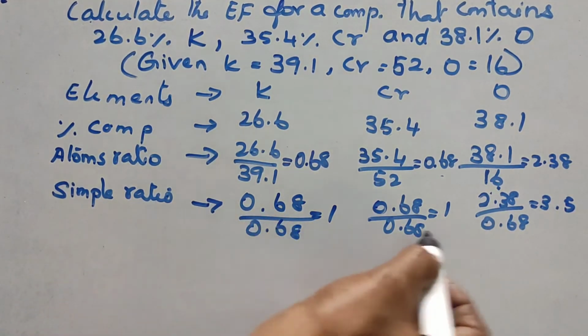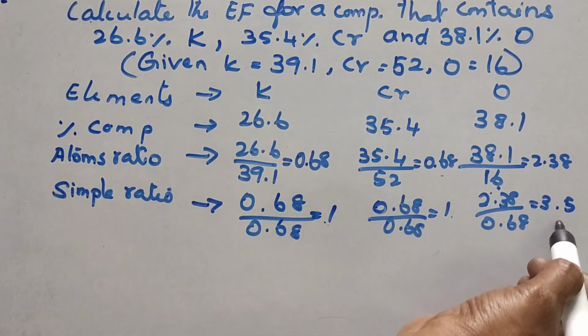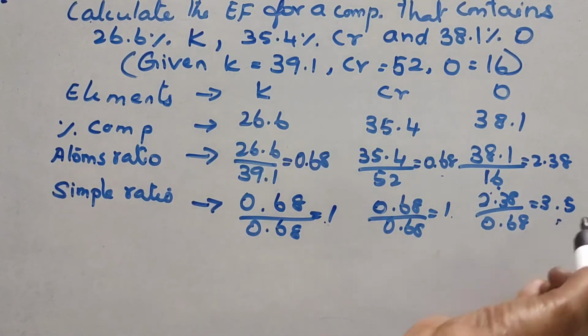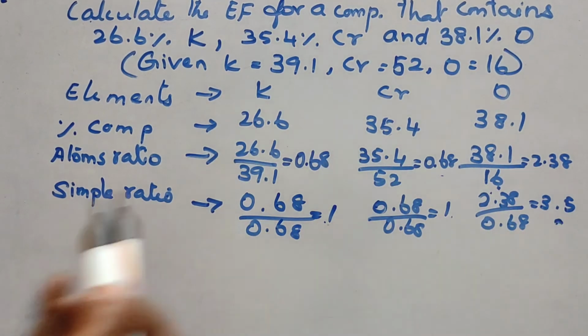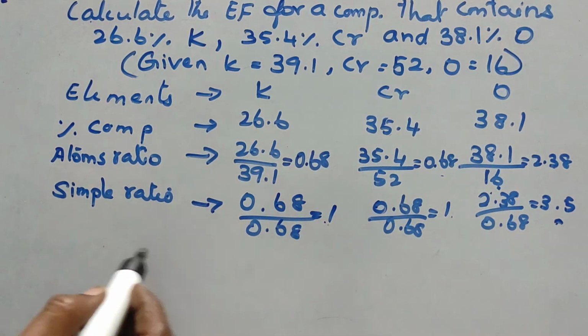So these two are in the form of whole numbers, but here it is in the form of a fraction. But in a molecular formula, we won't use fractions. It should be a whole number ratio. It may be the empirical formula or the molecular formula, but we need the whole number ratio only, not a fraction ratio. So it has to be multiplied.